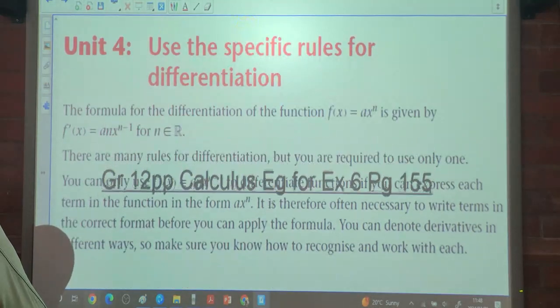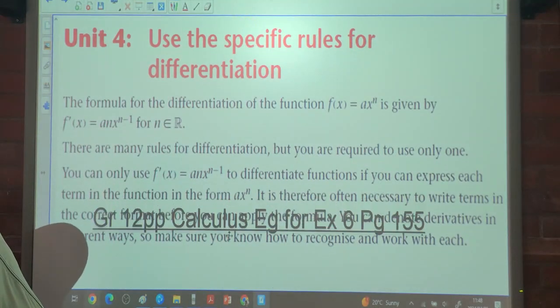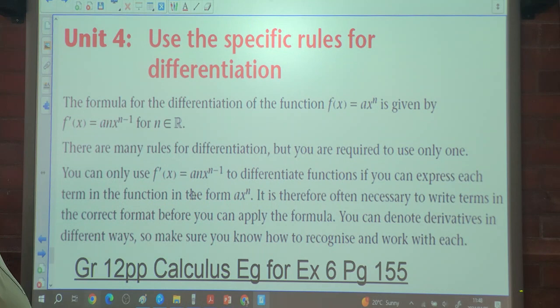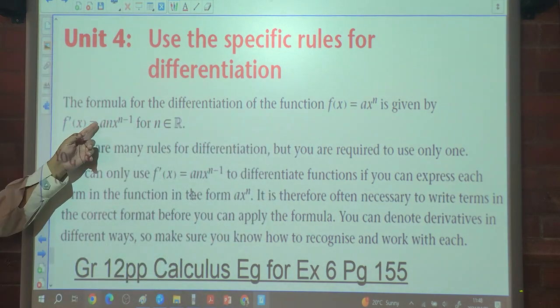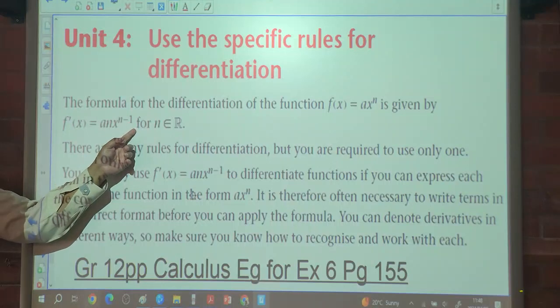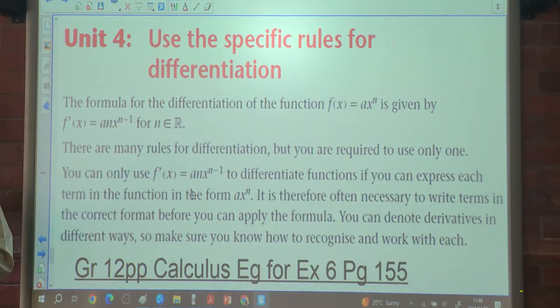So today we're going to look at the specific rule for differentiation. This is exactly what I tried to explain to you now. Let's see what they say. The formula for the differentiation of the function f of x is equal to a x to the n is given by f prime x is equal to a n x to the n minus 1, for n an element of the real numbers.